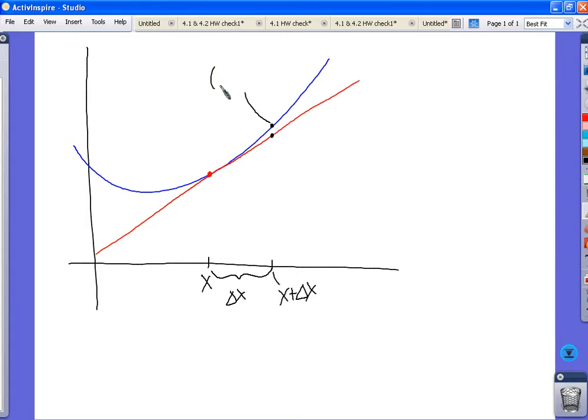This guy here will be x plus delta x, comma f of x plus delta x. Agreed? Any questions about that? You've got an x value, you find the y value by plugging it into the function. This right here will be x comma f of x. And so that would be the actual value, but we want the approximation.